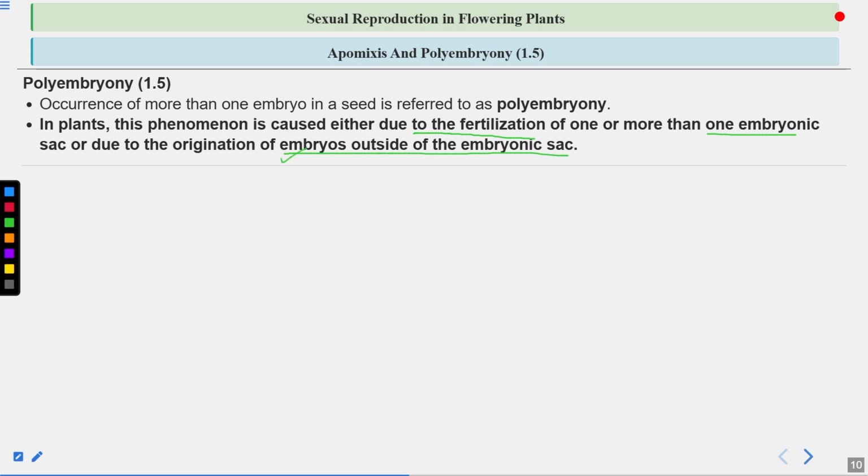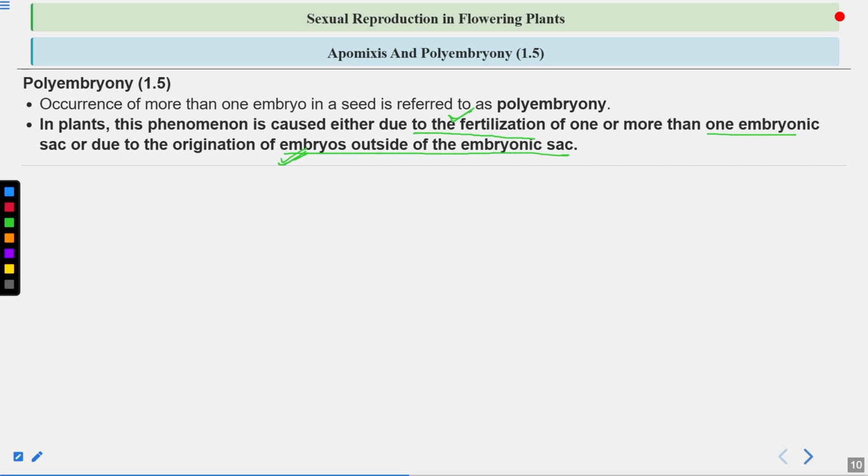Here you will get your answer to the question. The first one is by the process of normal fertilization, so that embryo is the result of sexual reproduction. But in the other case, the cells that are present outside the embryo sac get involved in the formation of embryos, so that is by the asexual method.